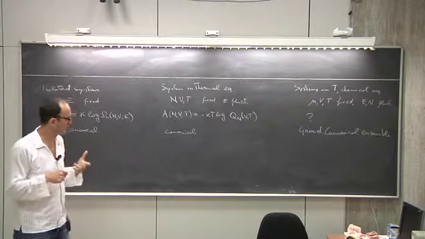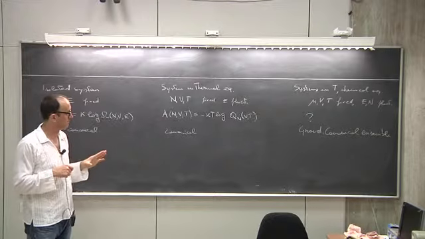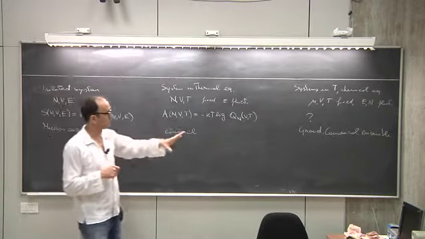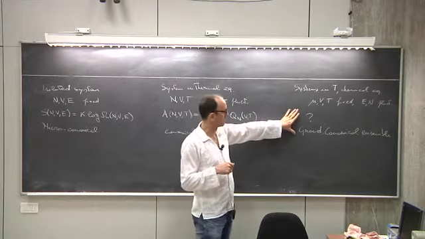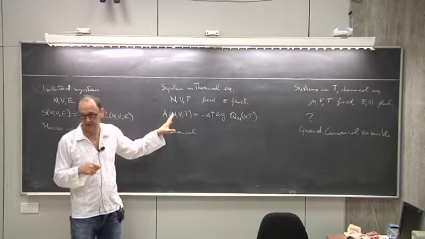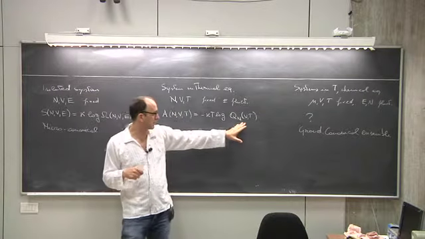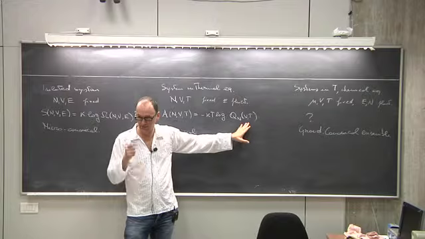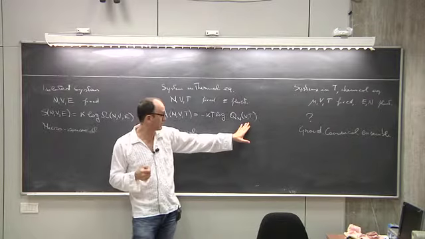But there are also other cases where this description is much more useful, because even if the number of particles is fixed, computing the partition function may be difficult for a fixed number of particles.